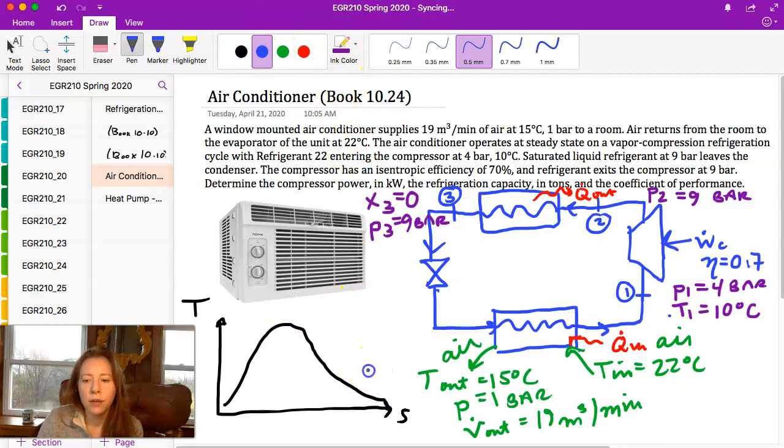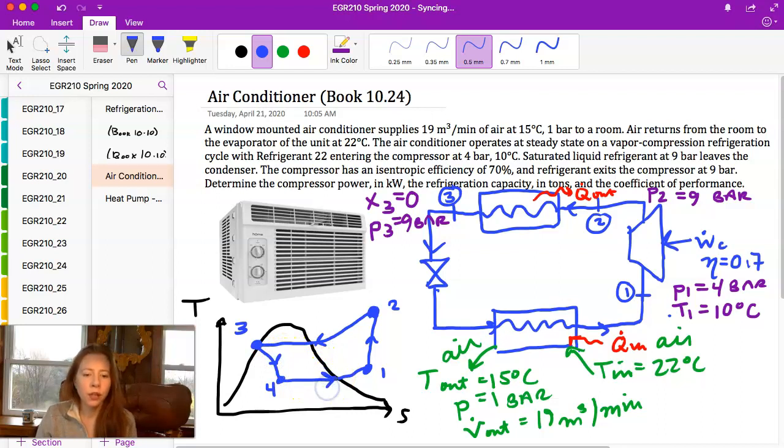So we're out here for state 1, 2, following an isobar, 3, 4, and back. All right, so there is our T-s diagram. So let's get started with our analysis of each state.